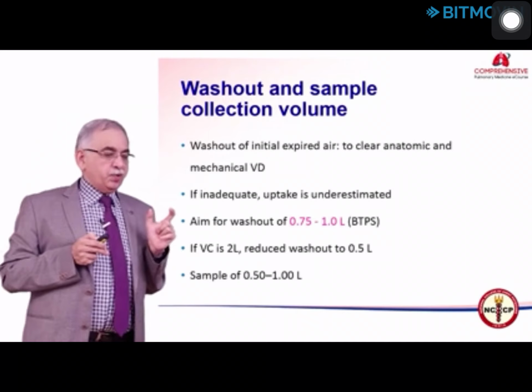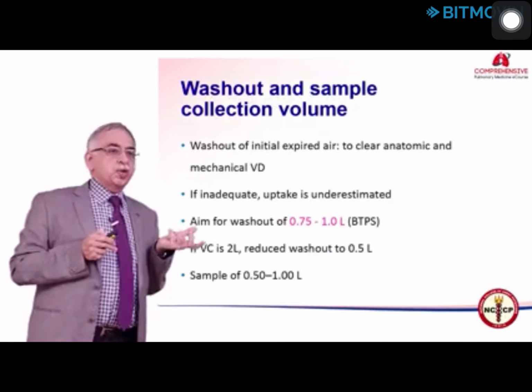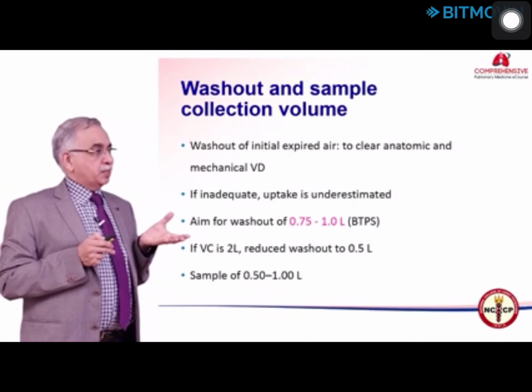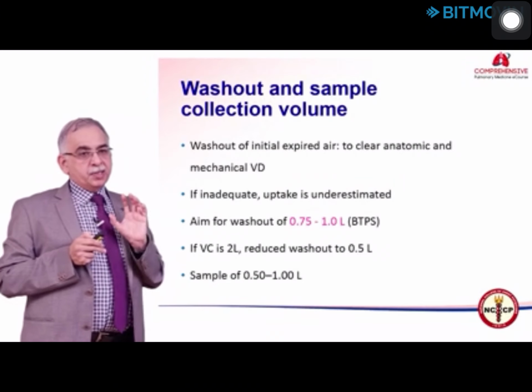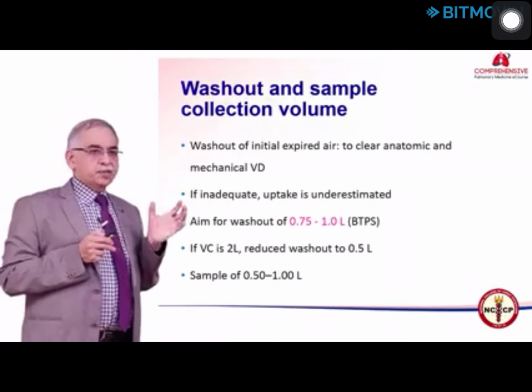Usually a system will allow 750 ml to 1 liter of volume to be discarded from the initial volume, and then the next sample of about 500 ml to 1 liter is collected.